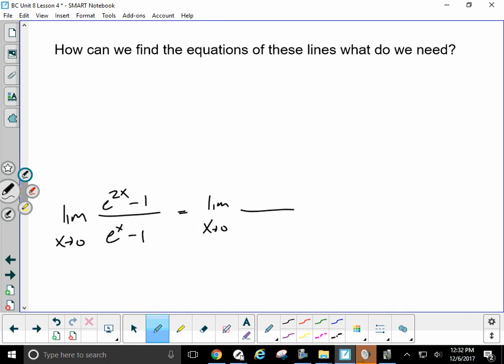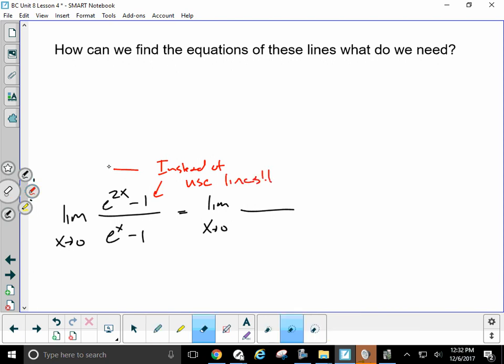So instead of worrying about the shape of this curve, why not just think about the equations of those lines? And instead of using e to the 2x minus 1 and e to the x minus 1, why don't I just find the equation of the lines? I'm going to say instead of these guys, use those lines.